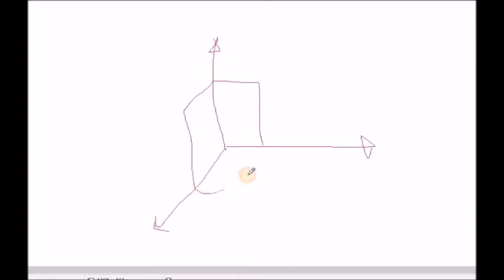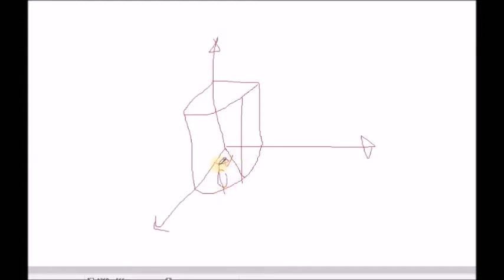See, this was your coordinate system. So this was your phi.